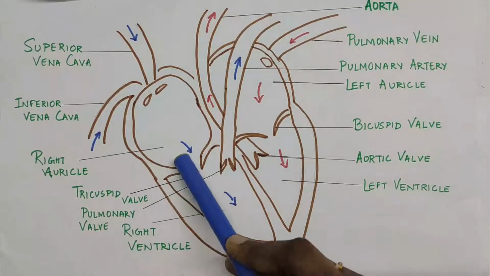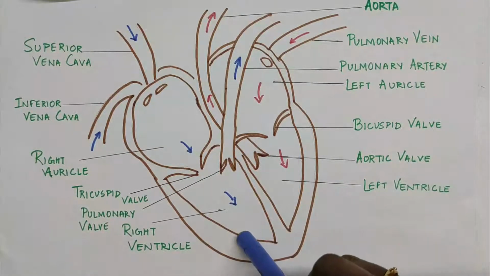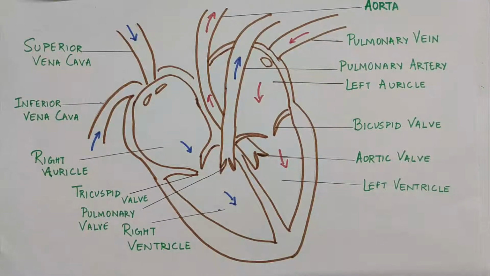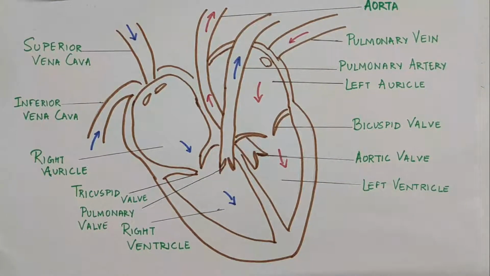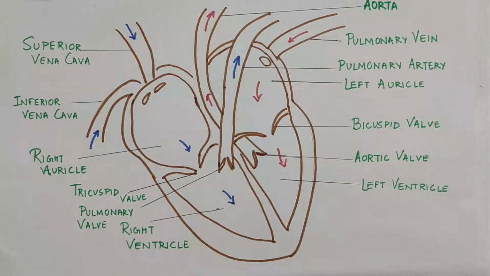And from this right side the blood is being pumped into the right ventricle. Also from here it is taken with the help of the pulmonary arteries to the lungs to get oxygenated, or to add in more oxygen.